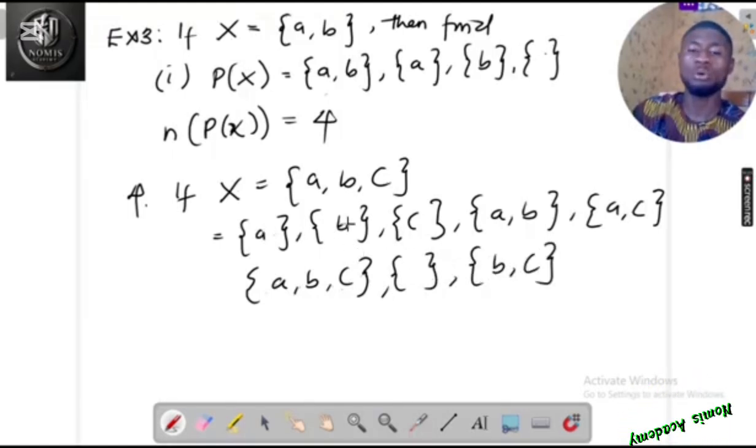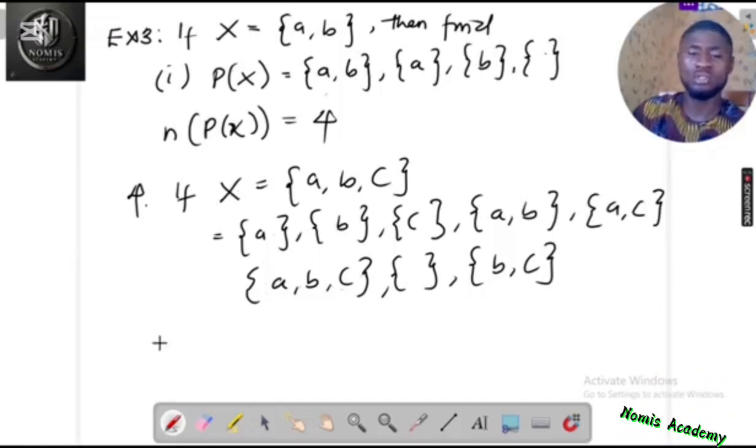These are the possible subsets from this set. If we count them, we have 1, 2, 3, 4, 5, 6, 7, 8. So the cardinality of the power set of X is 8.